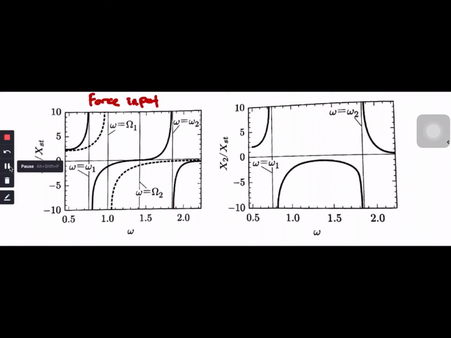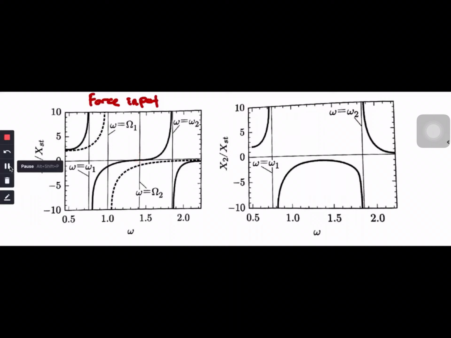But if you can see here, in between omega 1 and omega 2, where it relates to capital omega 2 over here, it becomes 0. The ratio between X1 and Xst becomes 0.